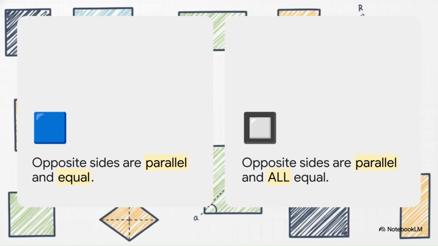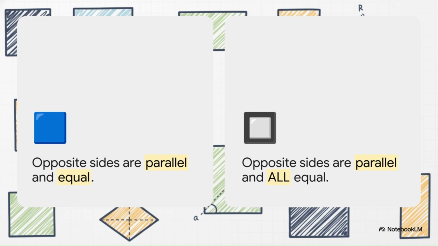Now this brings up the subtle but absolutely crucial difference between a rectangle and its much stricter cousin, the square. A rectangle is perfectly happy as long as its opposite sides are parallel and equal in length. The square, however, plays by a much tighter set of rules. It demands that opposite sides are parallel, sure, but all four sides must be exactly equal to each other.